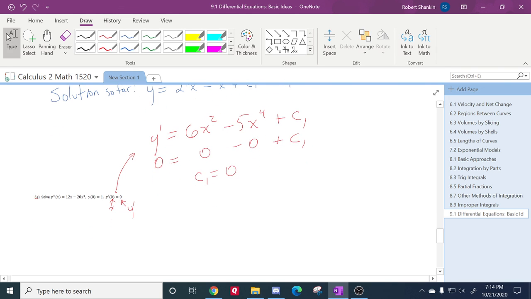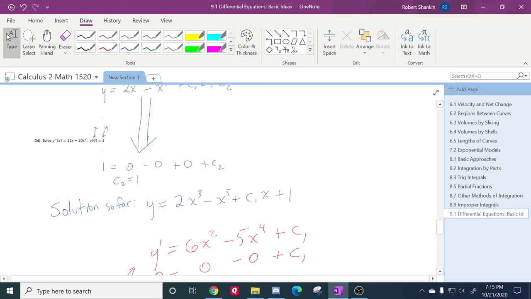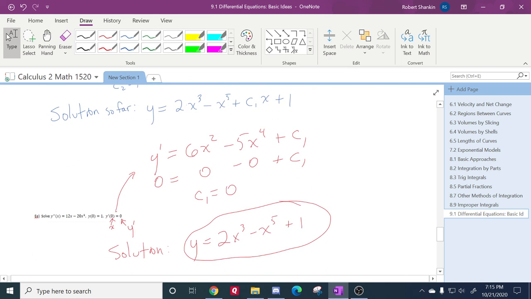So then my total solution is this equation that's in blue, but replace the C1 with 0. That's the solution of this initial value problem.